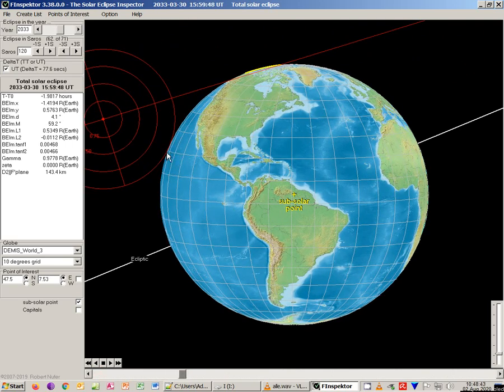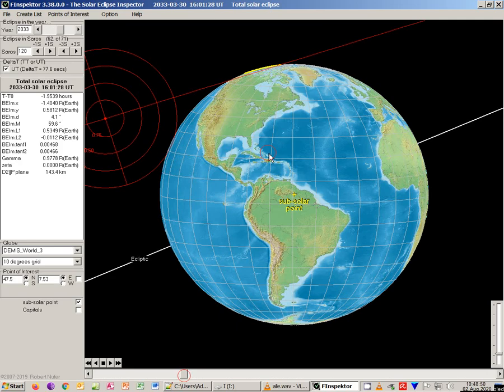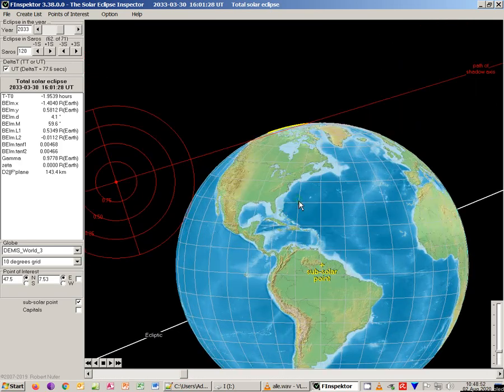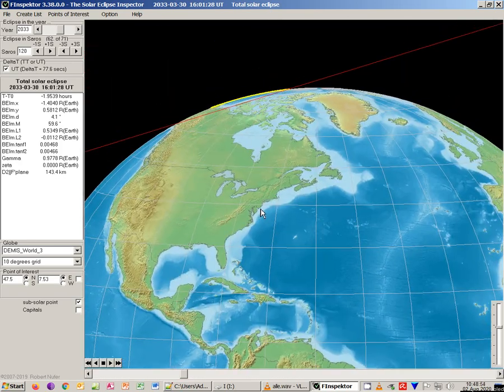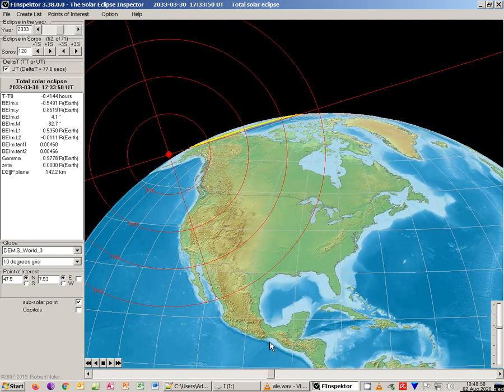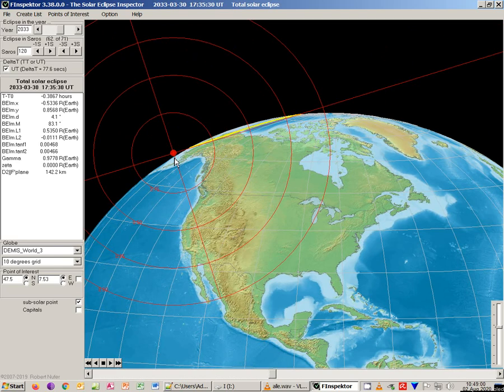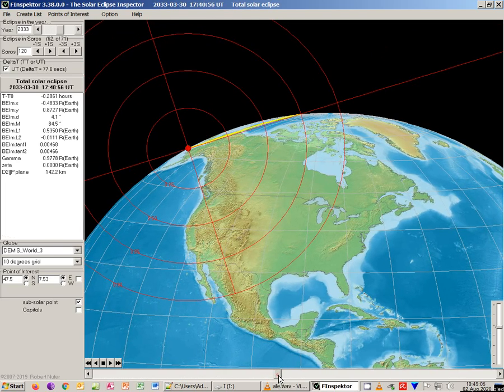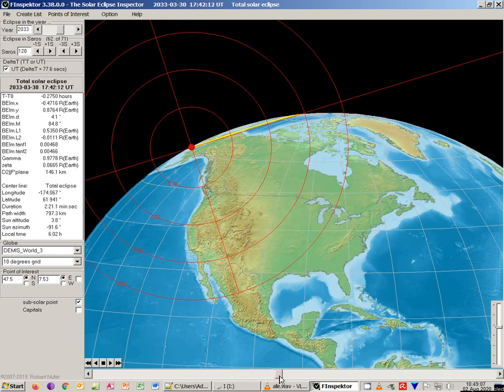The partial eclipse begins at sunrise approximately here, which is northeast of the Hawaiian Islands. For a better view of what's happening in the more interesting regions, I zoom in. The total eclipse begins at sunrise approximately here. The outer edge of the umbral cone touches the Earth's surface and the horizon. The central eclipse starts at this point, of course on the sunrise side of the Earth.